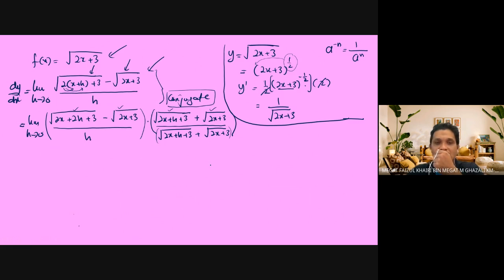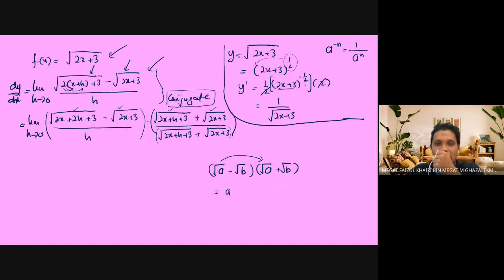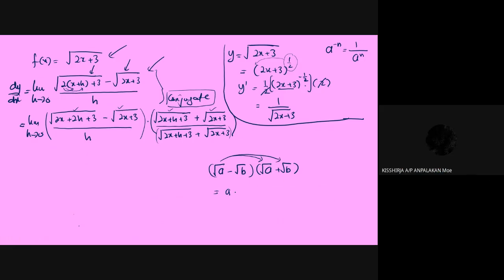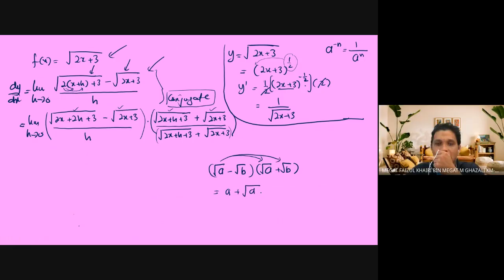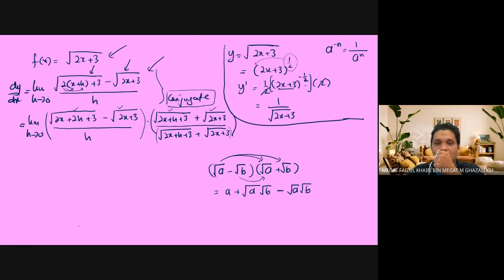So just imagine that we have square root of a minus square root of b multiplied with square root of a plus square root of b. Square root of a times square root of a is a. Square root of a times square root of b is square root of ab. Negative square root of b times square root of a is minus square root of ab.